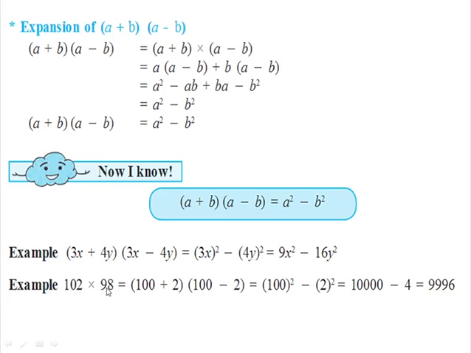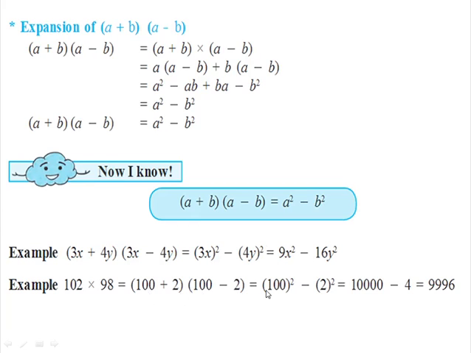102 multiplied by 98. Children, if you look at this example, 102 is 100 plus 2, whereas 98 is 100 minus 2. So instead of multiplying both the numbers directly, we will use the formula (a plus b)(a minus b) equal to a square minus b square. Here a is 100 and b is 2.